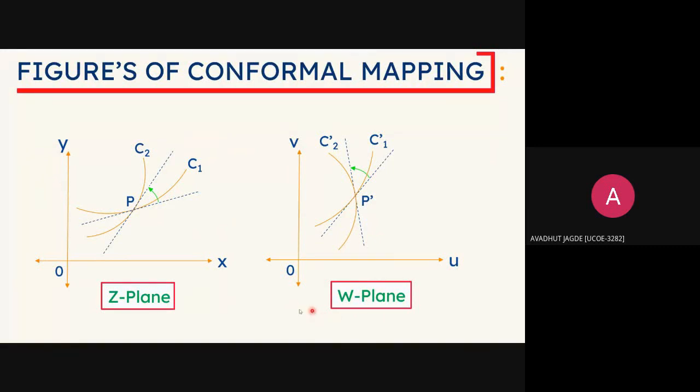By comparing the two figures, we conclude that if the angle of intersection of curves C1 and C2 at point P is equal to the angle of intersection of curves C1 dash and C2 dash at point P dash, both in magnitude and direction, then the mapping is said to be conformal at point P.